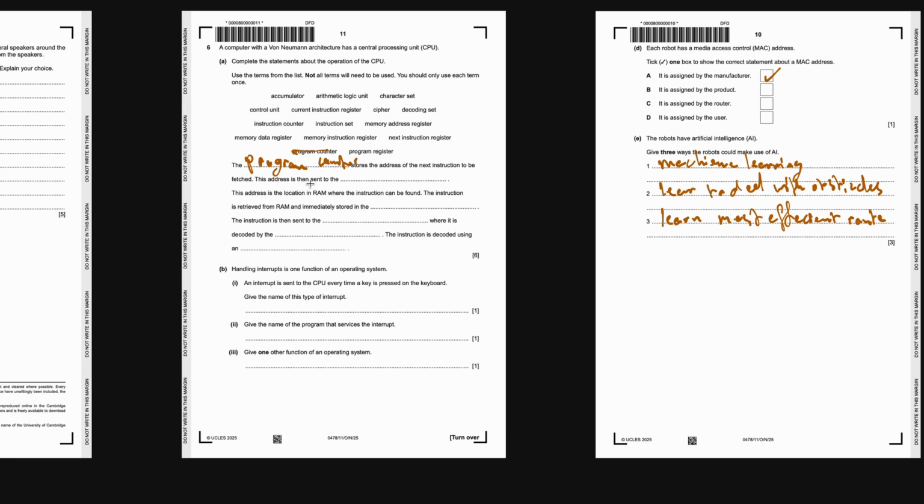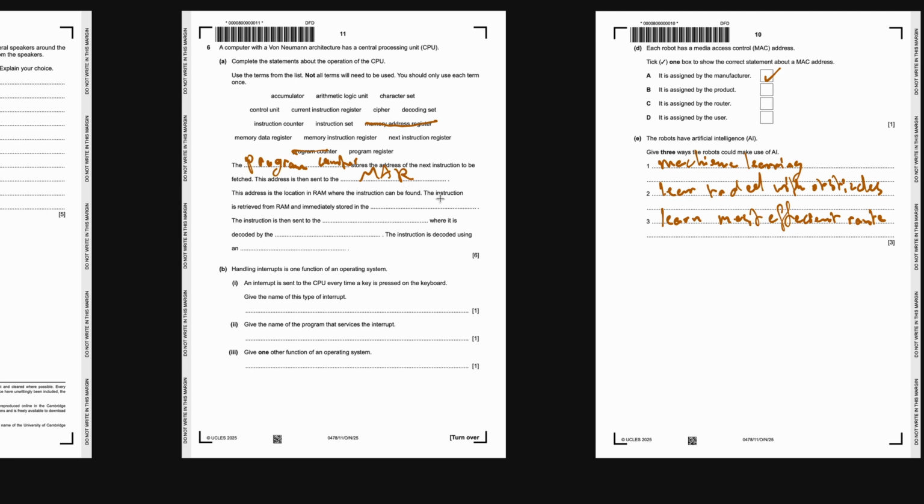This address is then sent to the... Where is the address sent to? It's sent to, from its name, the memory address register. The address is the location in the RAM where the instruction can be found.